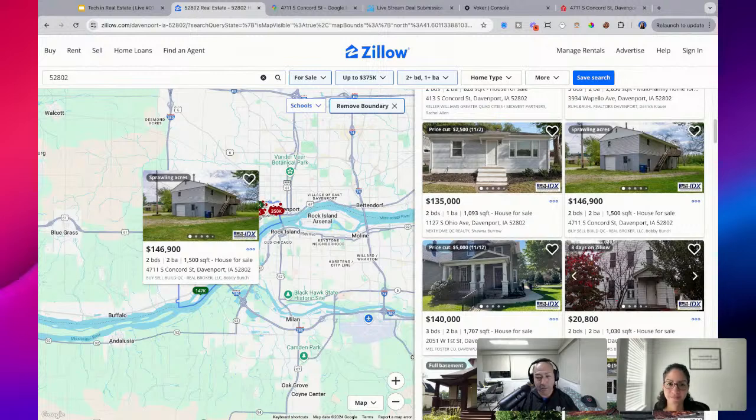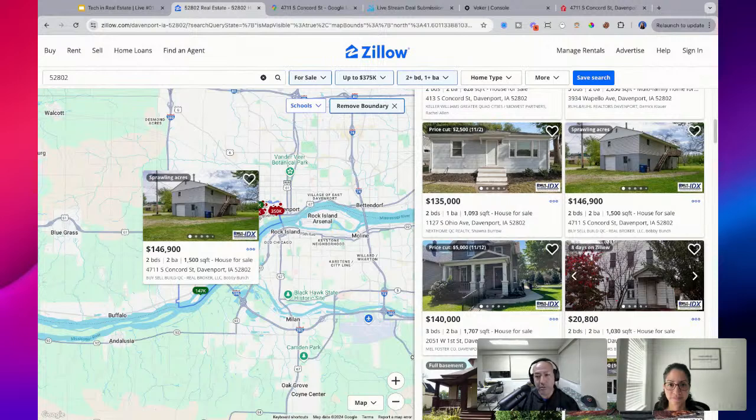But initially, just off the top of my head, like you're saying, it's either going to be a property that needs a lot of work, and am I at that comfort level, especially being an out-of-state investor? Do I have the resources or connections where I can do a rehab from a distance and get that much work done?